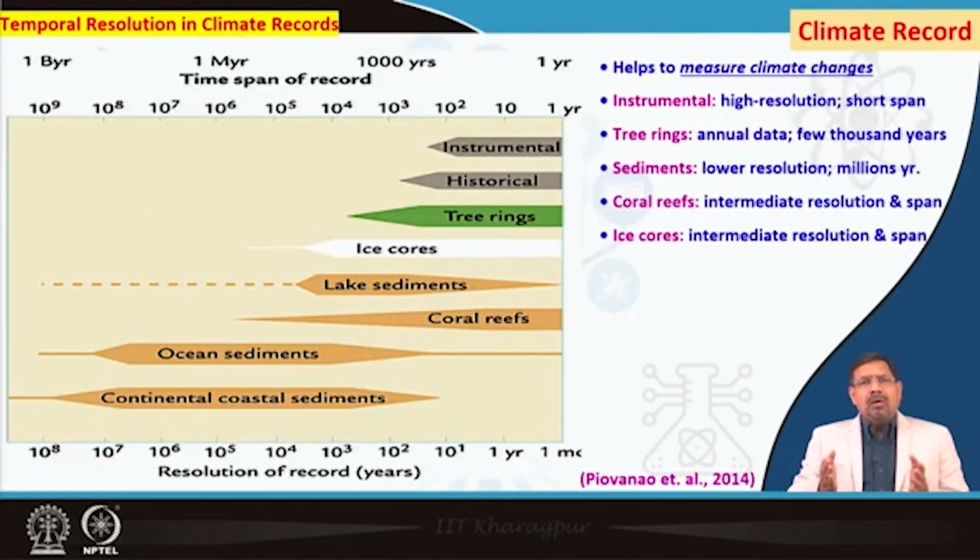So, with respect to time, what are the different ways we collect climate records? For a longer time frame, we go for continental and coastal sediments or oceanic sediments. Relatively, we have started using proxies from lake sediments, coral reefs and ice cores.